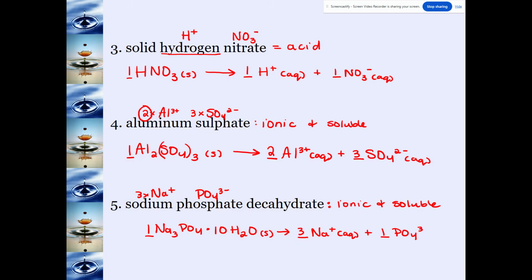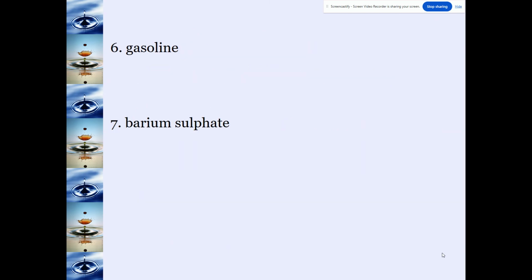And I'm not even going to include water as a product because the aqueous means it's in water. So those 10 water molecules are just going to mix with the rest of the water. So on the product side for a hydrated compound, you just essentially ignore the hydrate. A couple more examples and then we are done.